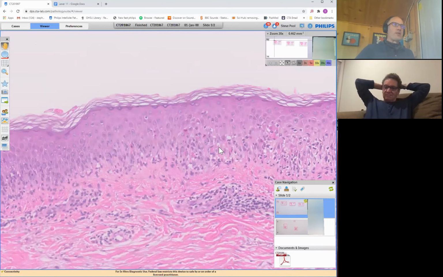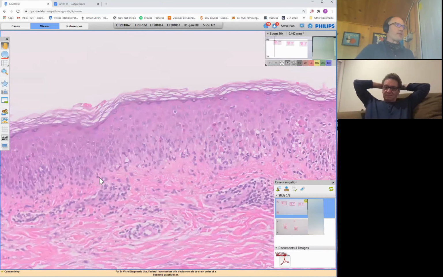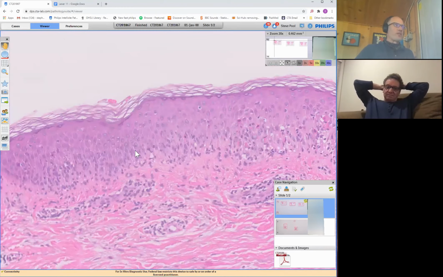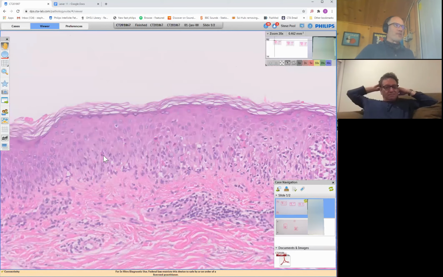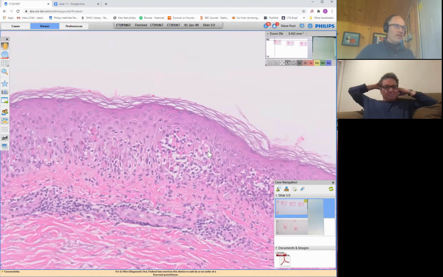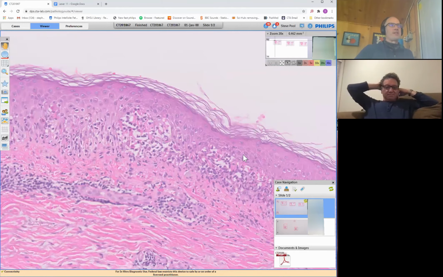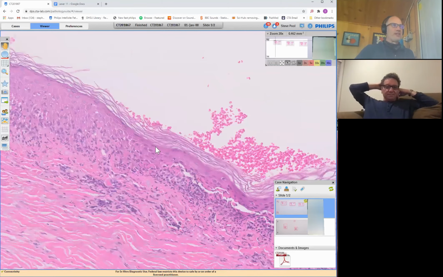in this field right here, we actually see the full spectrum of, here's early EM over here, where you just have scattered cells at the junction. Here it's developing further, you're getting some apoptotic keratinocytes. Here it's developed to the point where you've got clusters of apoptotic keratinocytes, and this is incipient dermoepidermal separation.